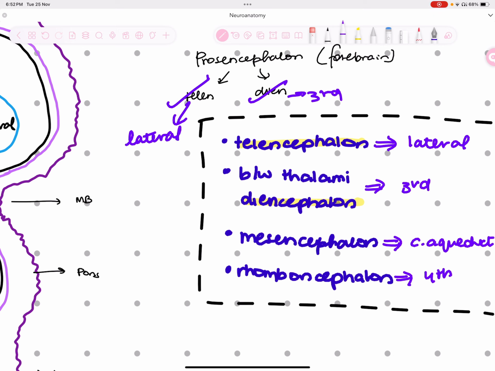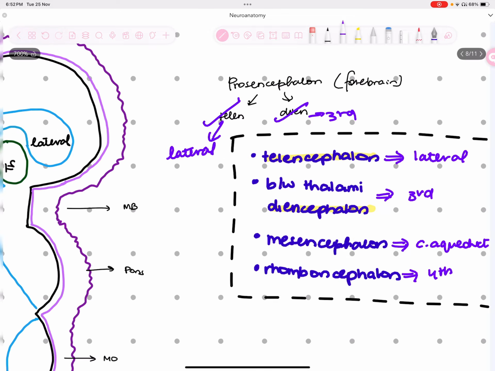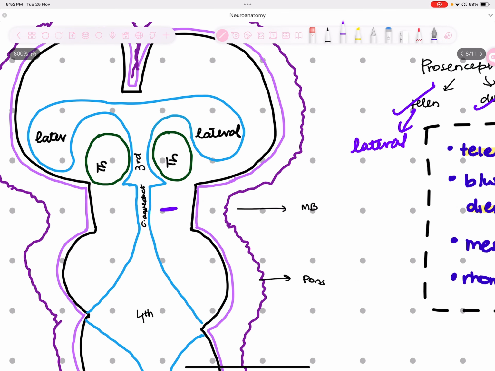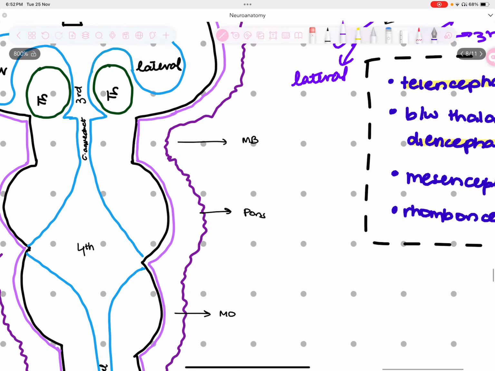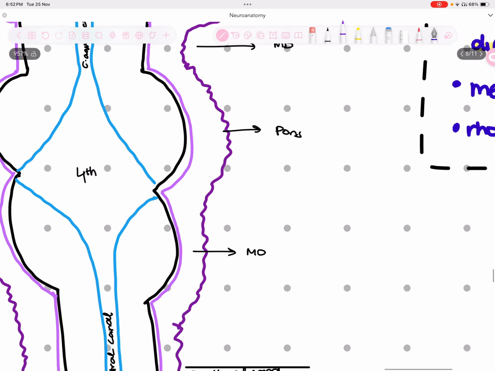They can question you like this: what is the cavity of the telencephalon? The lateral ventricle is the cavity of the telencephalon. The third ventricle is the cavity of the diencephalon. Mesencephalon is the midbrain, so what's the cavity of the midbrain? The cerebral aqueduct is the cavity of the midbrain. And the rhombencephalon is the hindbrain.